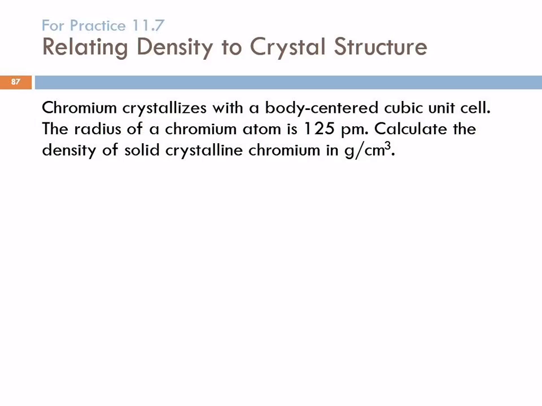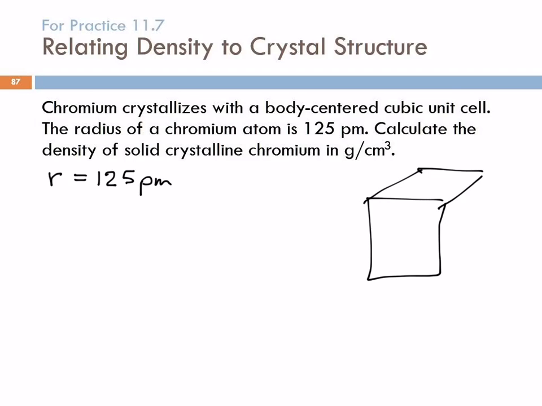So the radius is equal to 125 picometers. And we're looking at a body-centered cubic. And they want density. Remember that density equals mass divided by volume.